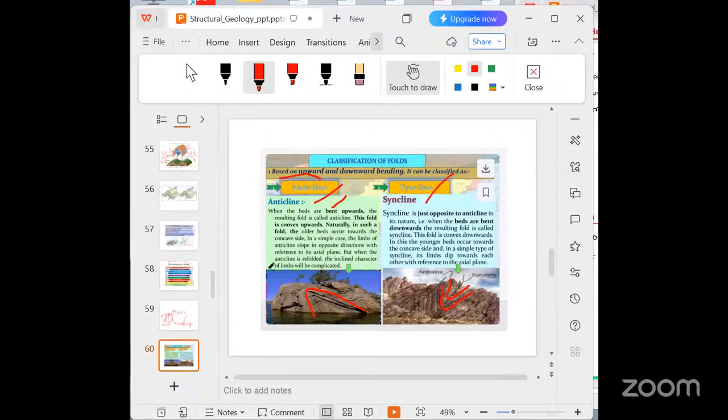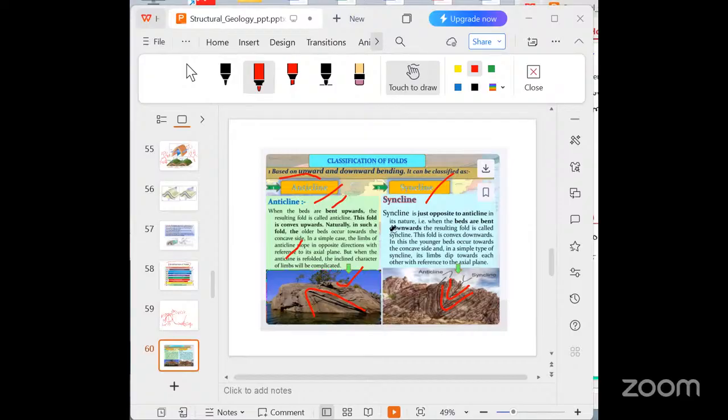But when the anticline is refolded, the inclined character of the limbs will be complicated. So this is the anticline. These are 5 marks questions; in your examination, they ask 5 marks questions.